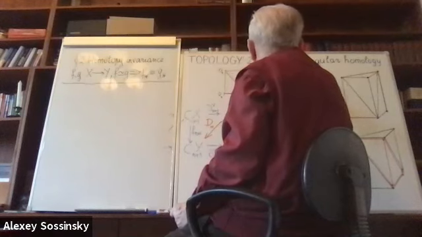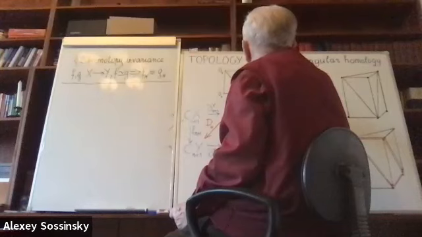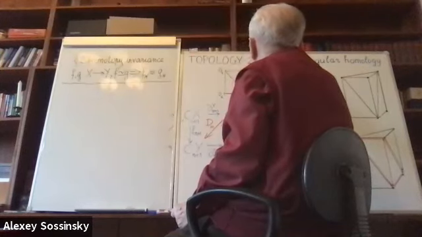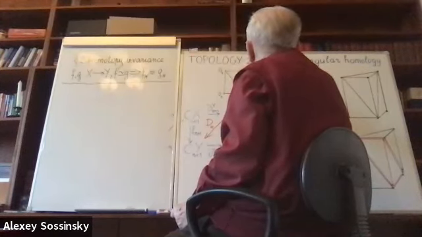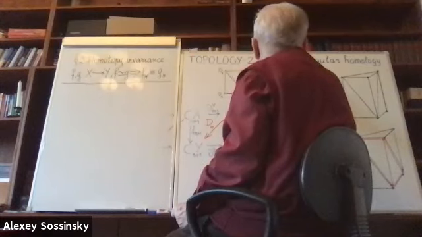That's one simplex, and the other simplex will be (1,0), (1,1), and (0,1).